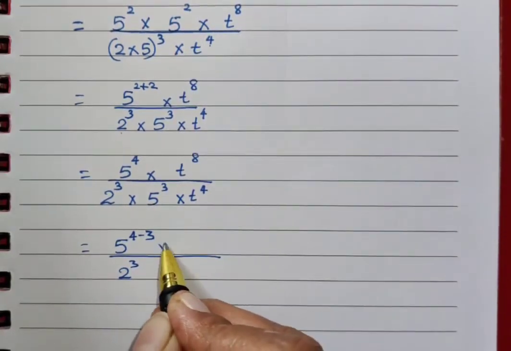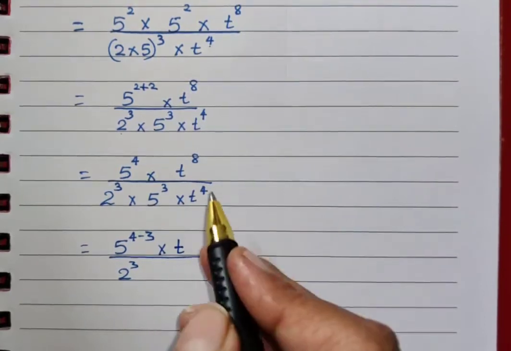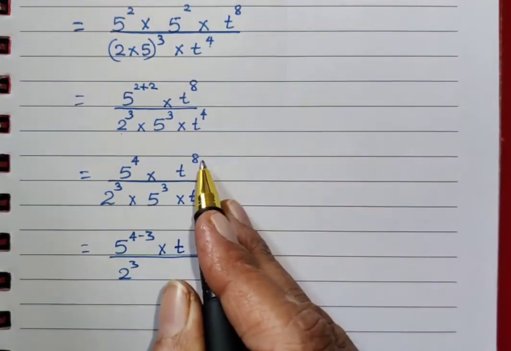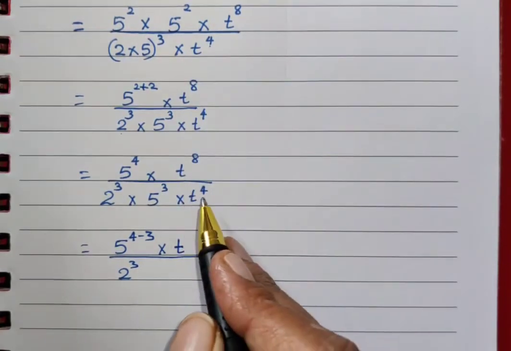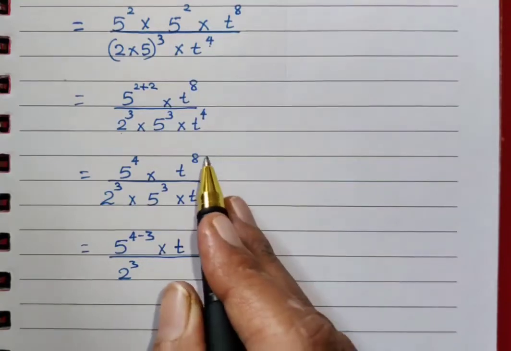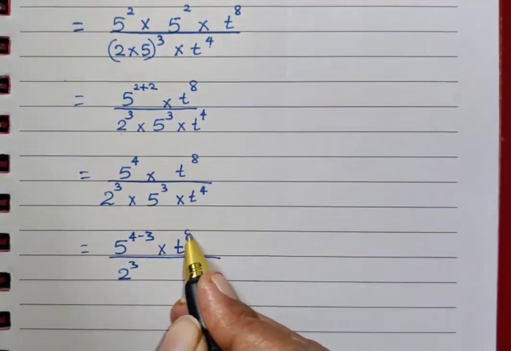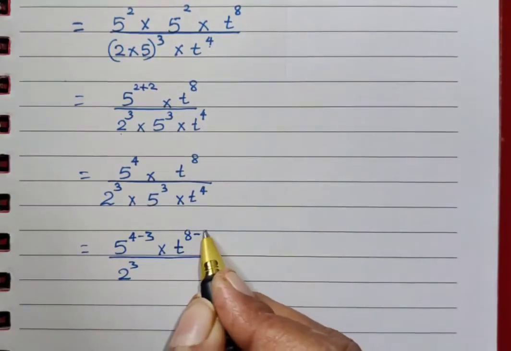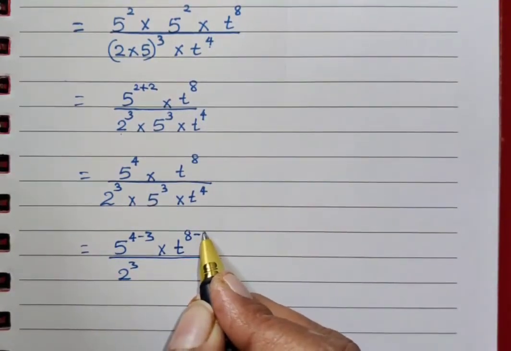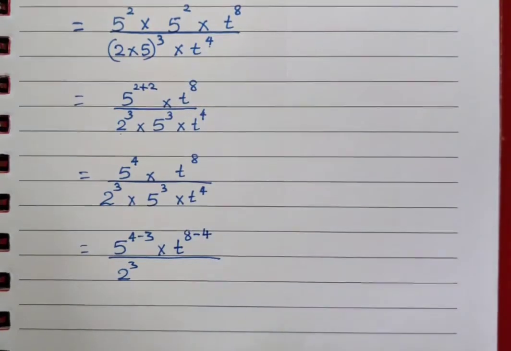In the similar manner, you could see T is having 8 as an exponent, where it is in the numerator and this is in the denominator. So this 4 is smaller, so it will be subtracted from 8 as division is there. 1 T up, 1 T down. So division has the law of subtracting the powers. So 8 minus 4.